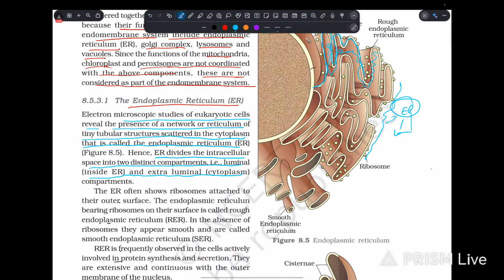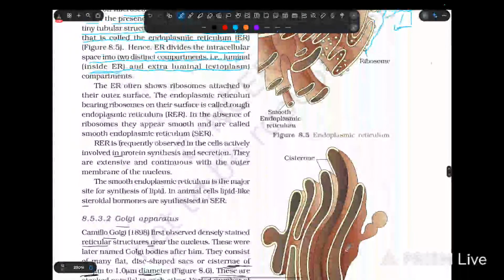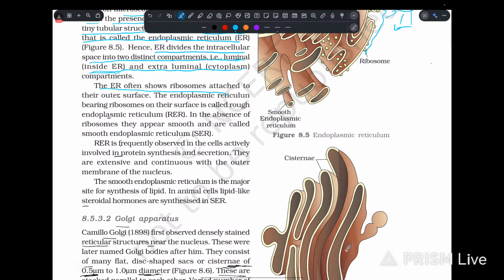The first one is luminal, inside the endoplasmic reticulum. The second one is extraluminal, the cytoplasmic compartments, or we say outside the endoplasmic reticulum. The endoplasmic reticulum often shows ribosomes attached to its outer surface.